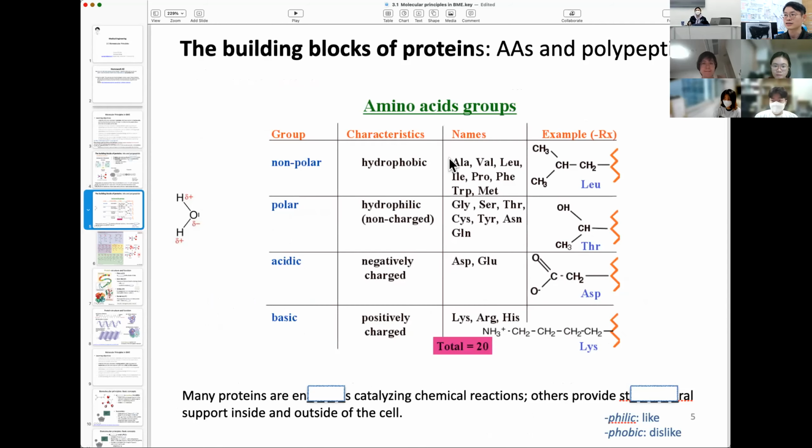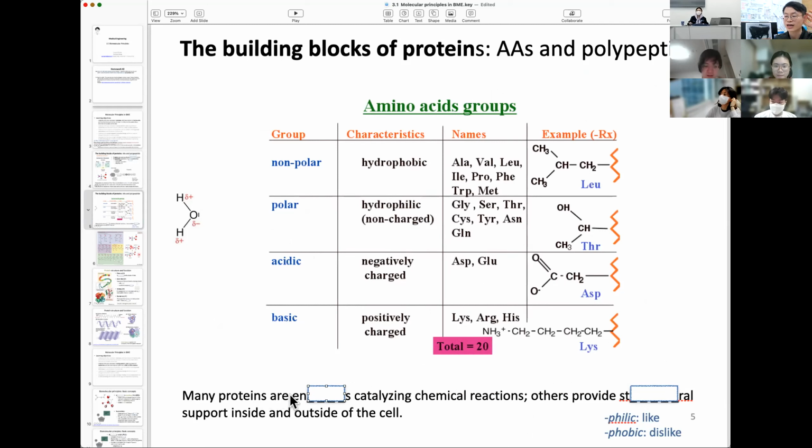And this slide is showing you a categorization of the properties of the amino acids, which are nonpolar, polar, and acidic or basic, and that's a total of 20. So many proteins are, let me see, Jung Woo Joo. Yes, Professor.